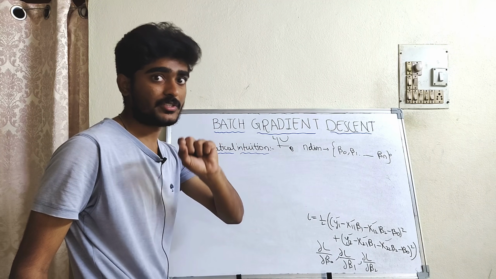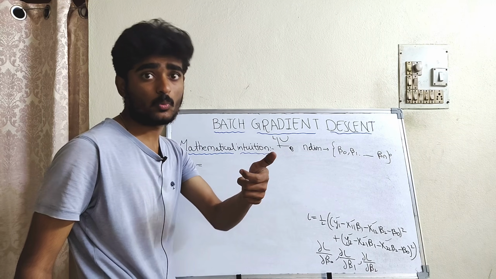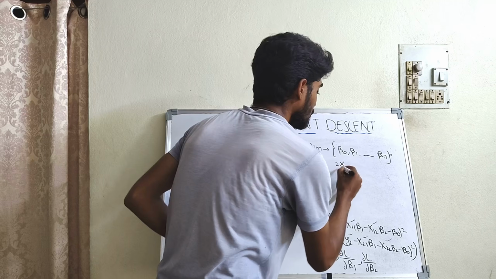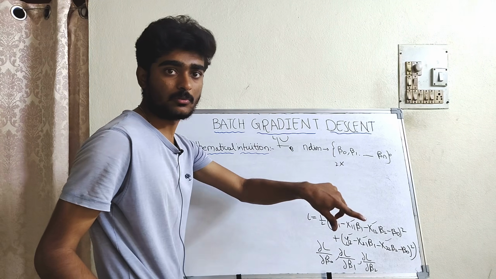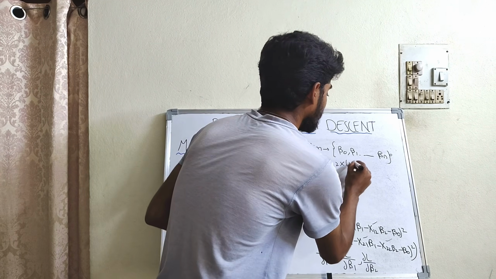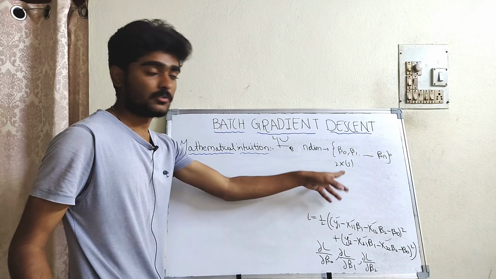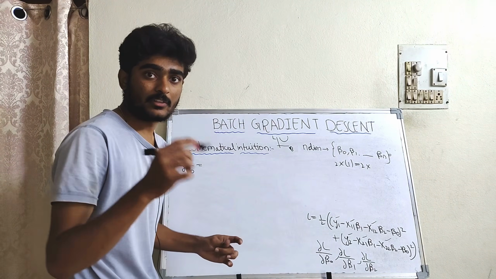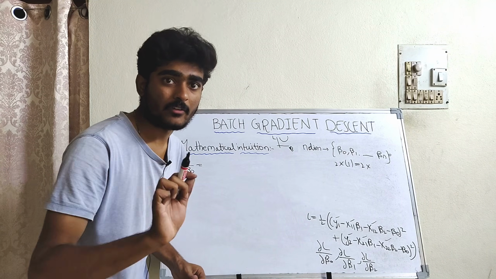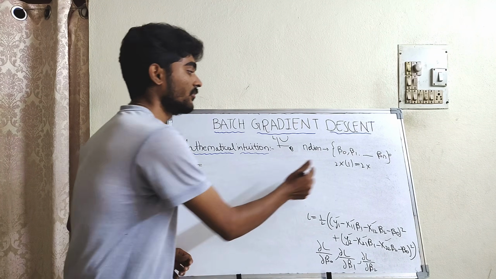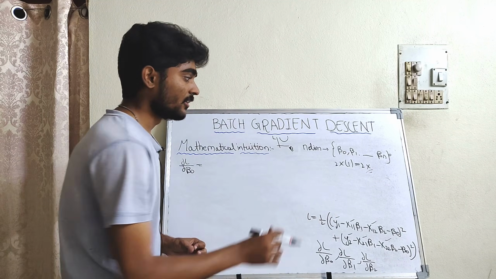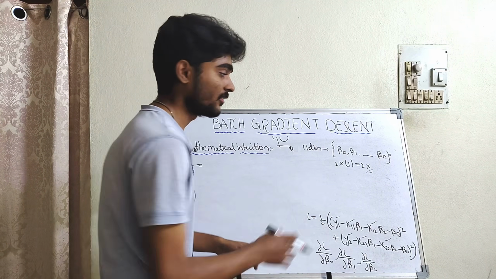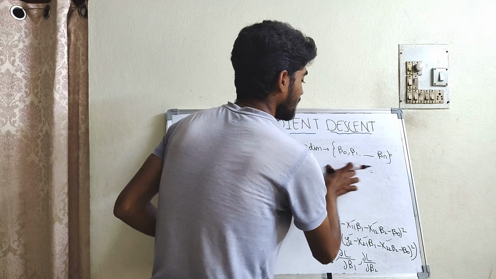It is 2x, and after writing 2x you again differentiate x with respect to x, which is 1, so overall you get 2x. Anyone who has a basic idea of differentiation will know this formula.